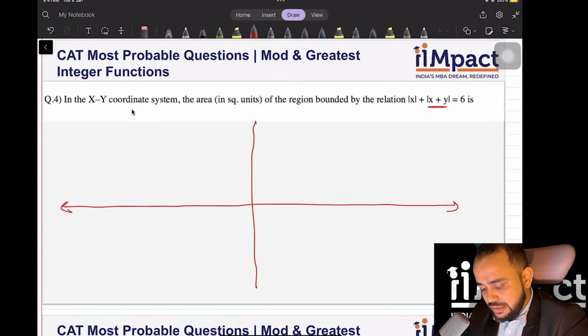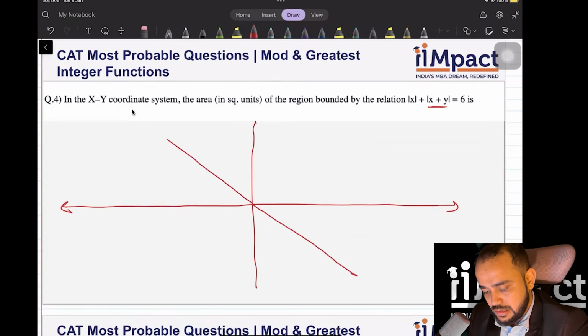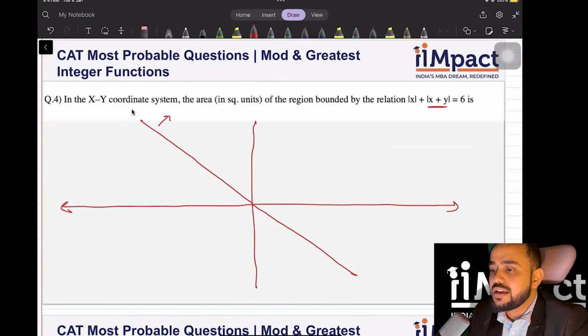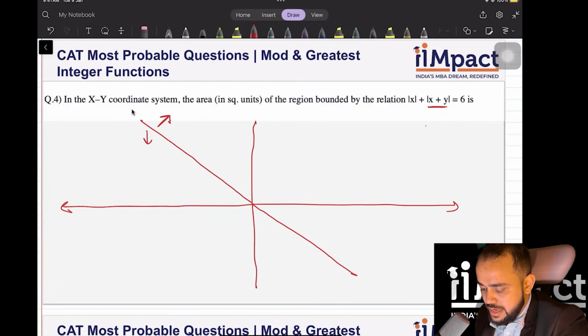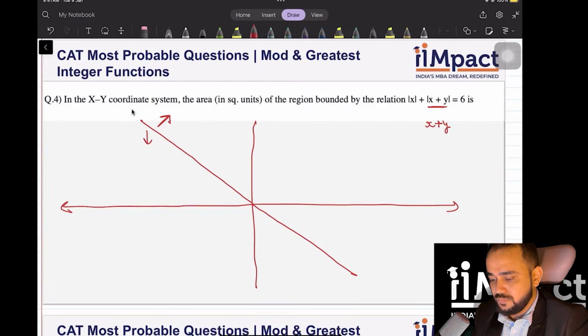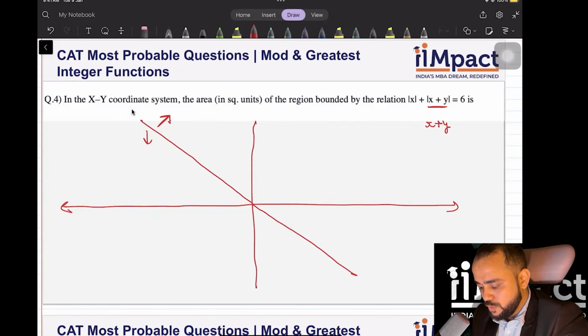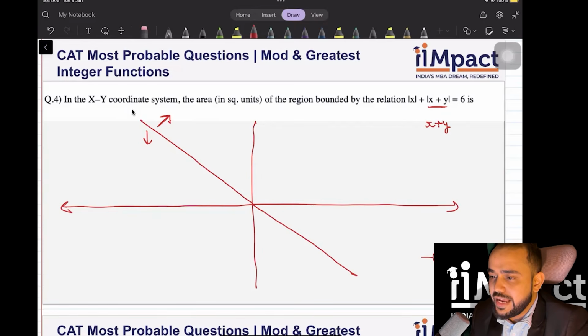So I will make the line x plus y is equal to 0, which will be something like this. Above this, x plus y is going to be positive. Below this, x plus y is going to be negative. So above this, your function will open up as x plus y. Below this, your function will open up as minus of x plus y, because it would have been negative.